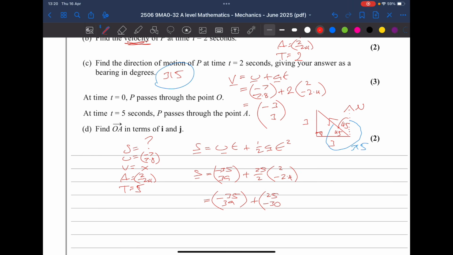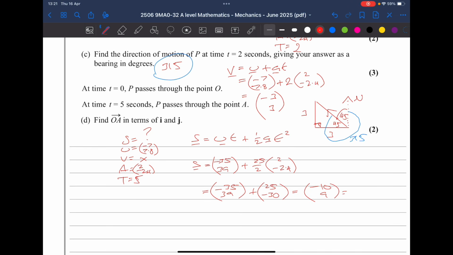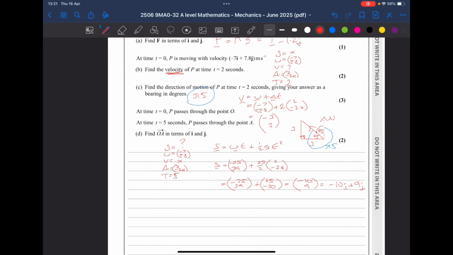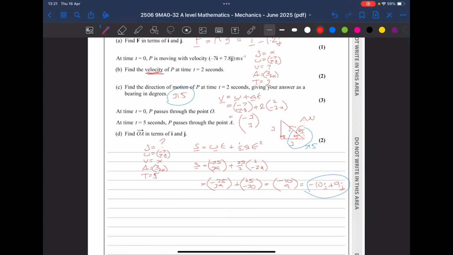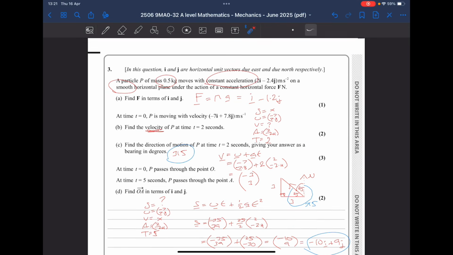And again, negative is still in there. So what we're left with is a minus 10 on the top and a positive 9 on the bottom. That looks good to me as our vector. In terms of i and j then, we have minus 10 i's and we're going to add on 10 j's at the end. Lovely jubbly. That looks good to me.